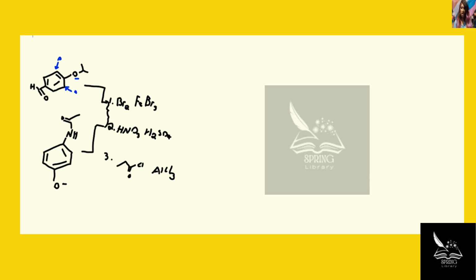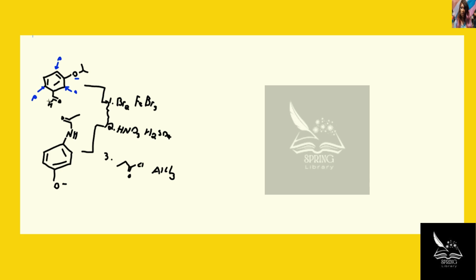Actually, the position of this aldehyde is off, so let me just redraw this. The aldehyde is actually in this location here, so we actually do have a para position which we are directing.